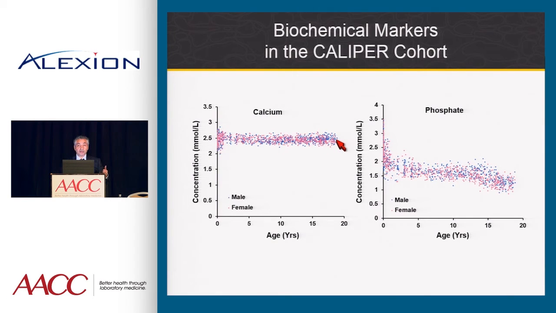Actually, we have done adults recently through another study called CHMS, and we see the same calcium level continue until 80 years of age. So calcium is very tightly regulated. It's like an electrolyte. But phosphate, on the other hand, has a significant drop with age. And so again, you need to know that to be able to appropriately partition the reference intervals for phosphate.